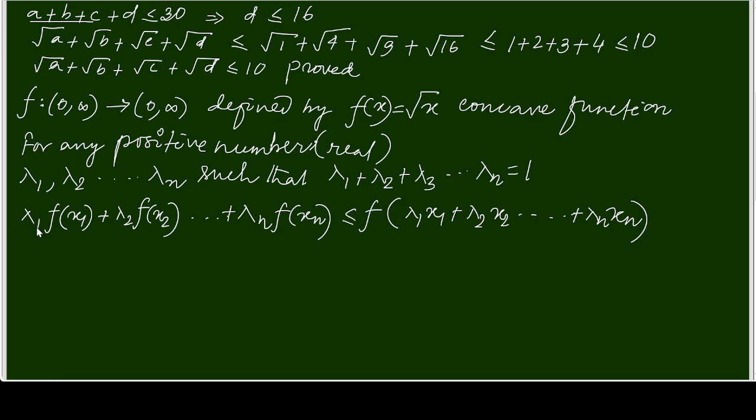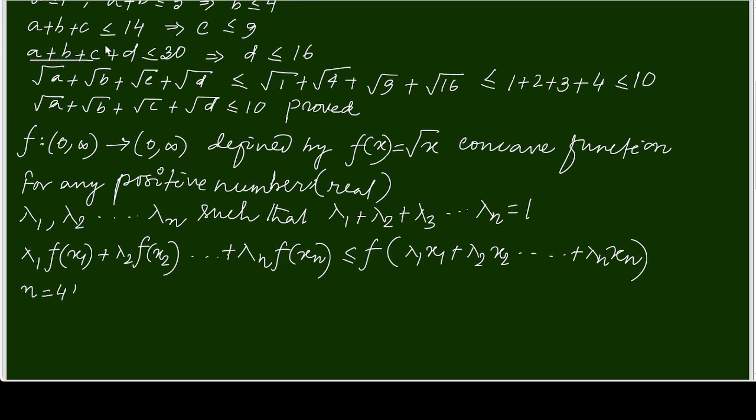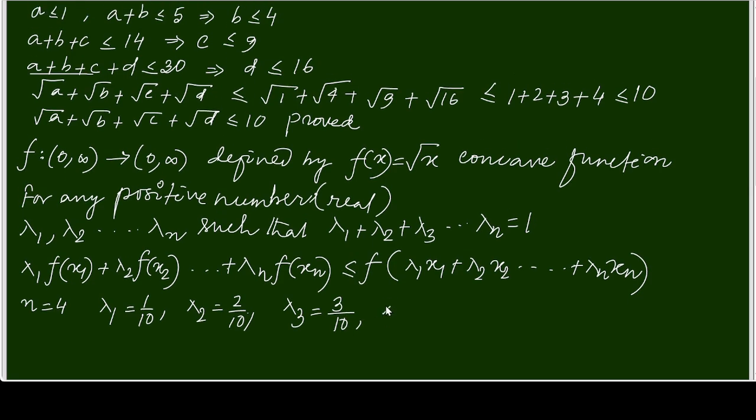So here I am taking n equal to 4, and lambda 1 equals 1 over 10, lambda 2 equals 2 over 10, lambda 3 equals 3 over 10, and lambda 4 equals 4 over 10.